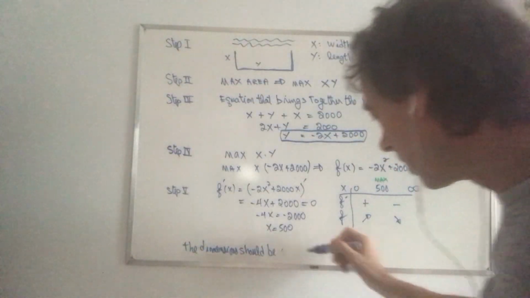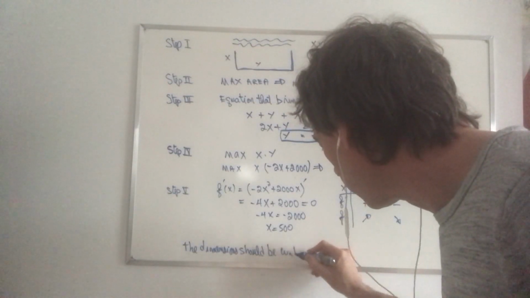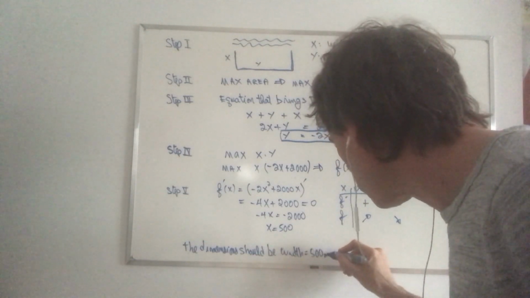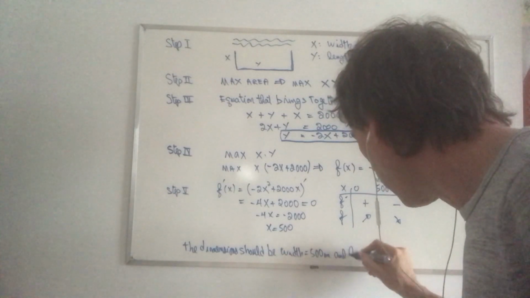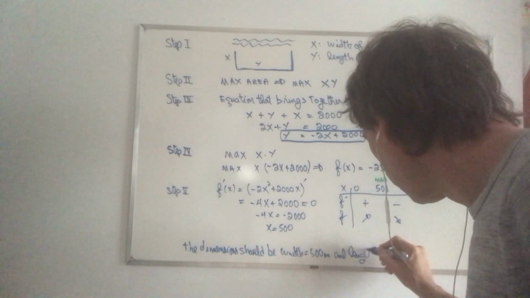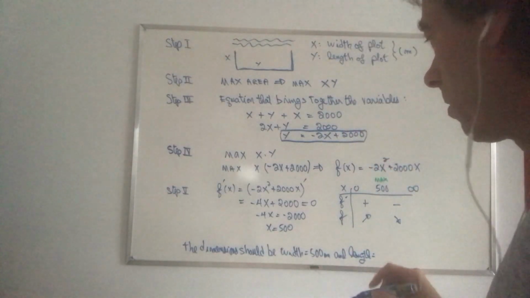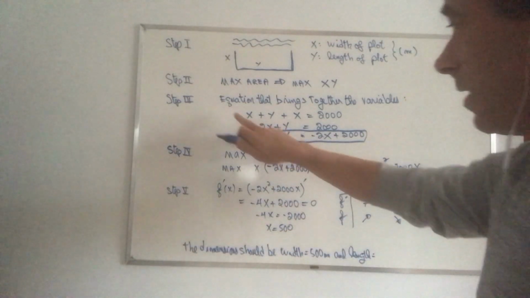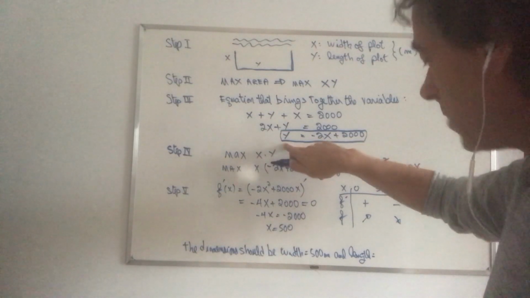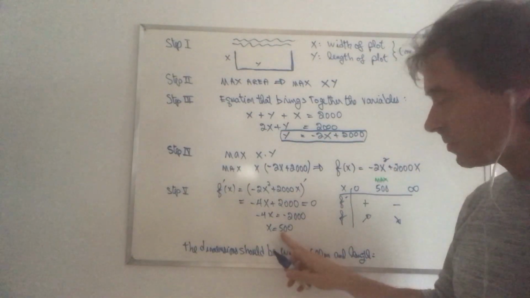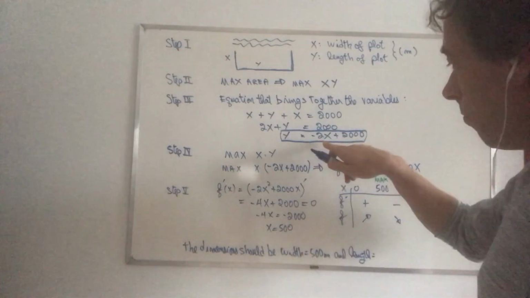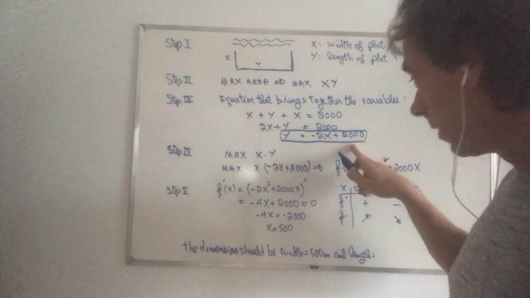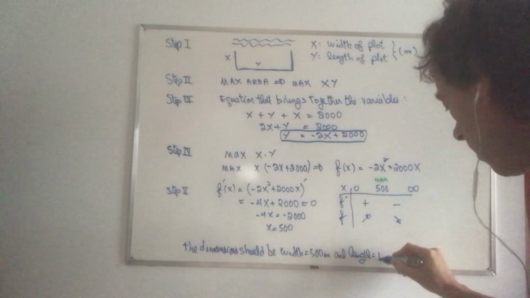I can reverse that and say that the width equals 500 meters and the length equals, I don't know, where do I go to find the length? Yeah, step 3, the equation that actually links the variables together. So we have that x is 500. Put it back here: minus 2 times 500 is minus 1,000. Minus 1,000 plus 2,000, so here you go.